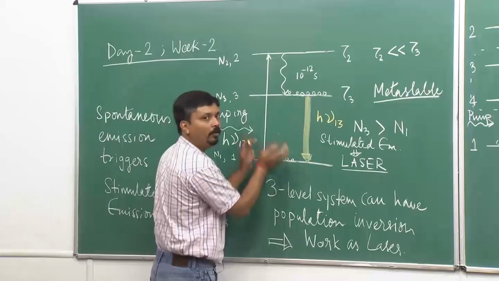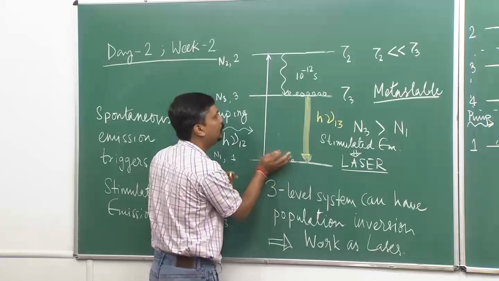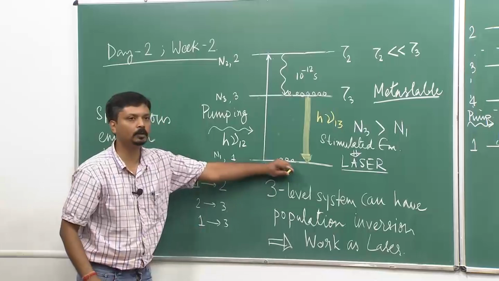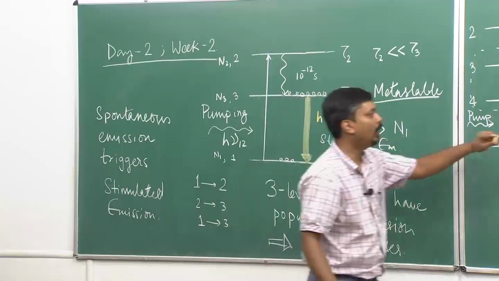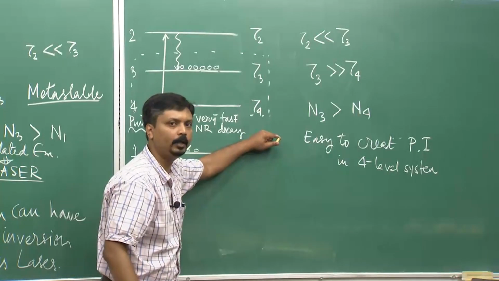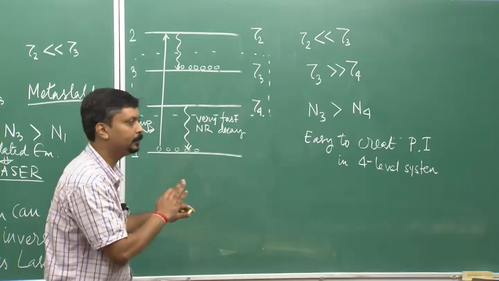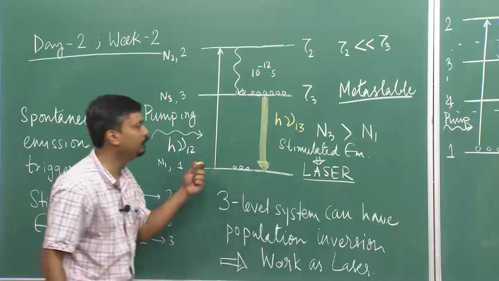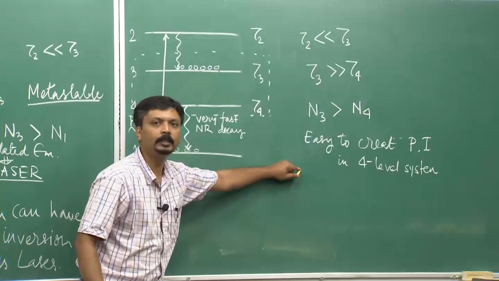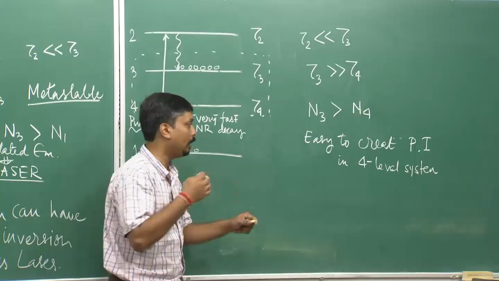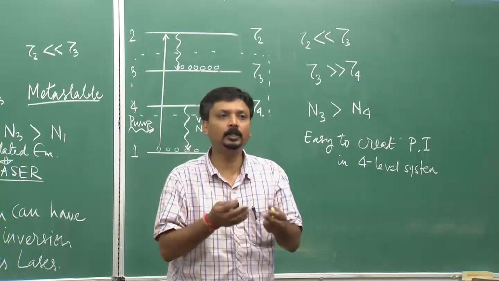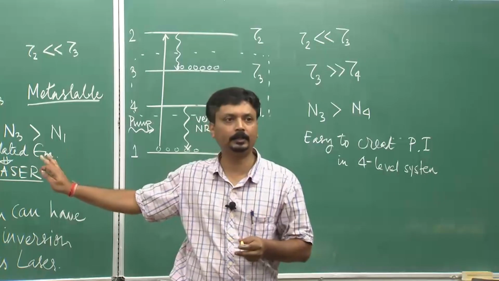So, we have to put in a lot of energy, a lot of photons inside to actually create a condition where this state has more population than the ground state, which is not the case here. Okay. So, this is a contrasting case. Here creation of population inversion is rather difficult. Here creation of population inversion is very easy. And also we need to put in little energy, much lower energy than this case.